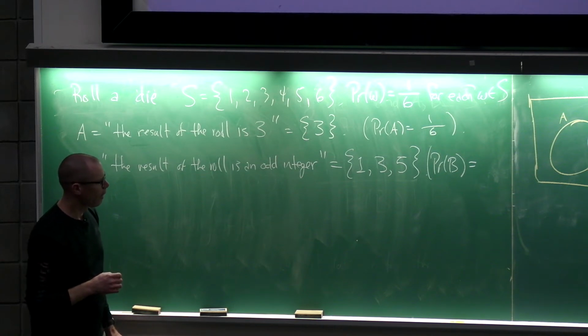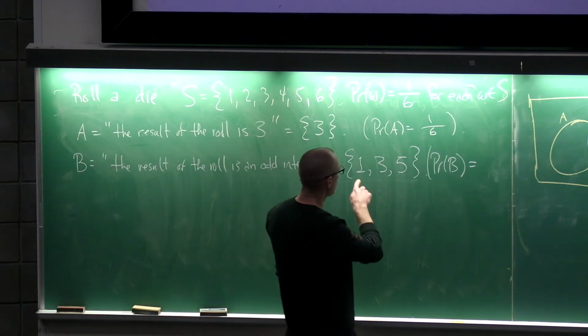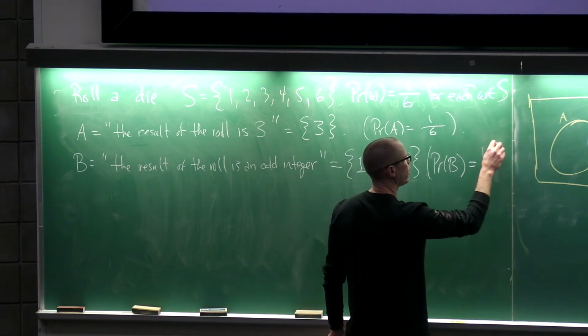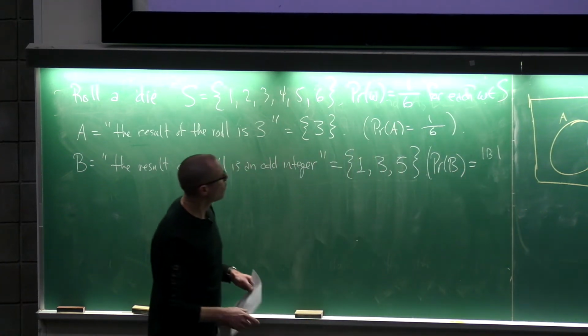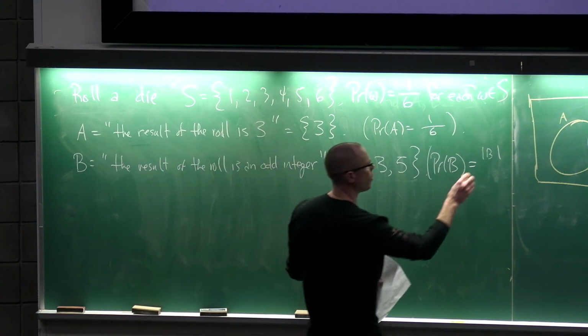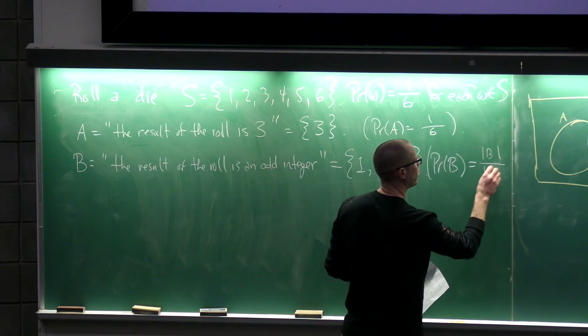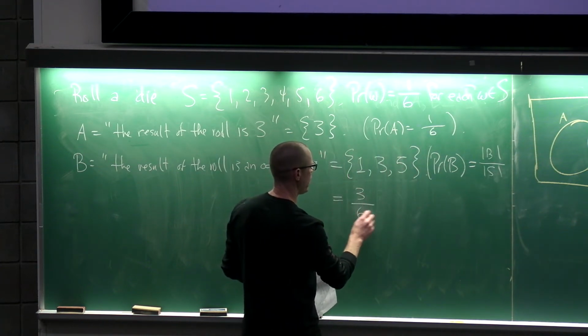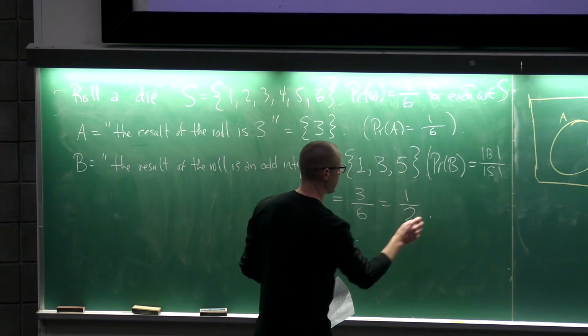1/2. Yeah. So it's the size of B divided by the size of S, because it's a uniform probability space, which is 3 divided by 6, which is 1/2.